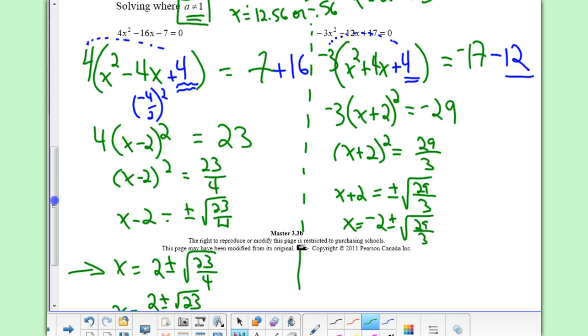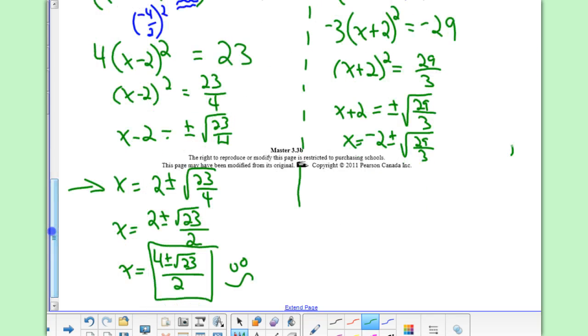And you'll look in the back of the book and you will cry, because that's not going to be the answer you see in the back. What you will see is that you need to remember to rationalize the denominator. I can't take the square root of either of those.